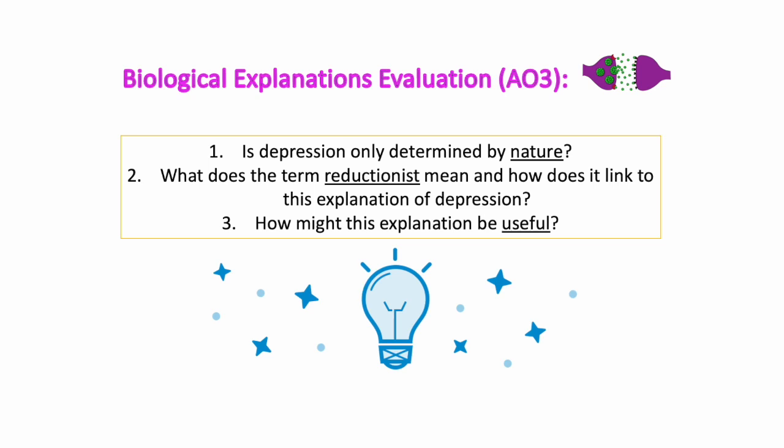So let's begin with the second question, what does the term reductionist mean and how does it link to this explanation? Well, reductionism means that the explanation is too simplistic. Particularly, this explanation is biologically reductionist because it does not consider any other factors that could cause depression apart from levels of serotonin.